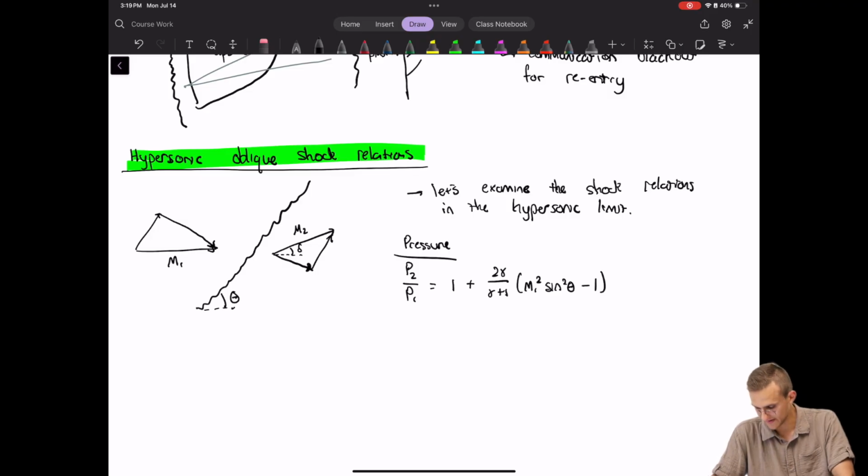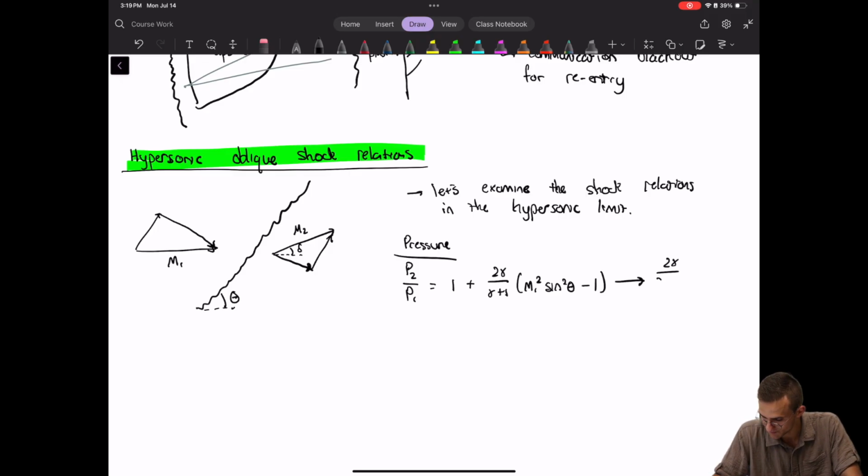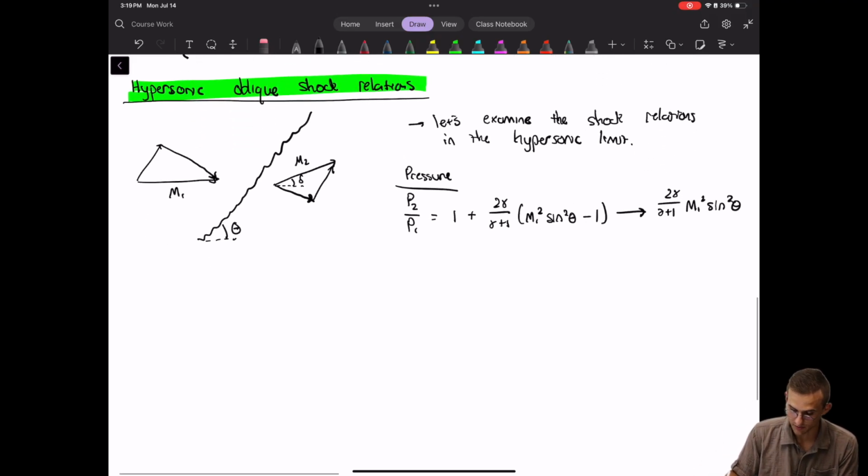And in the case where your upstream Mach number, M1, is super large, all these other constant terms are going to be negligibly small compared to the term that has the M1 squared in it. So in the limit this just becomes 2 gamma over gamma plus 1 times M1 squared sine squared theta, because those constant terms are going to look de minimis compared to the term that has the Mach number, which is very large.